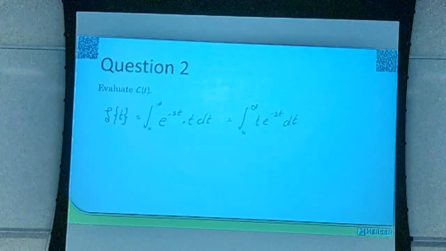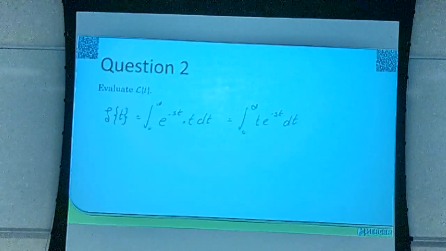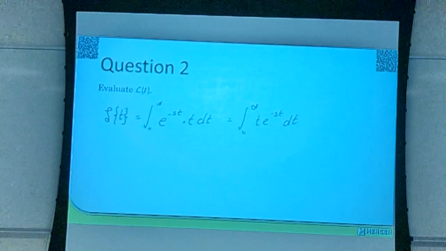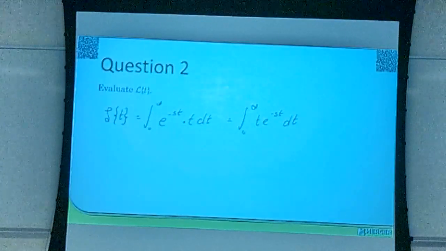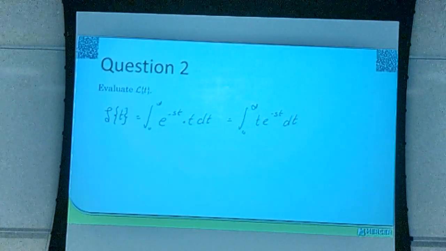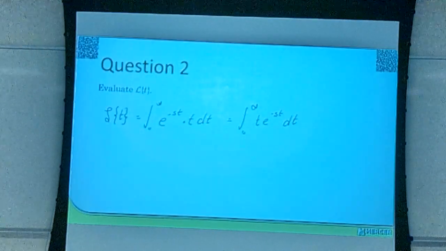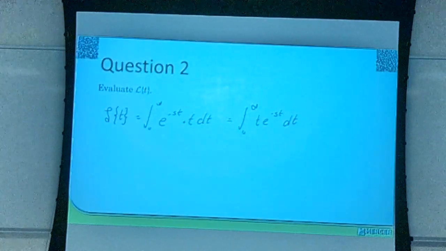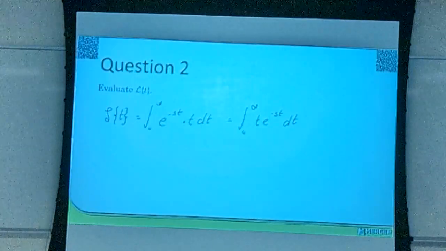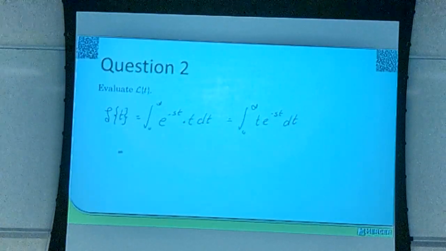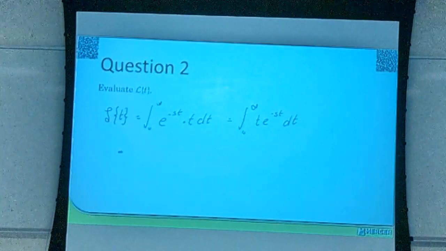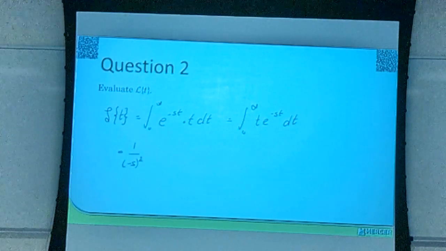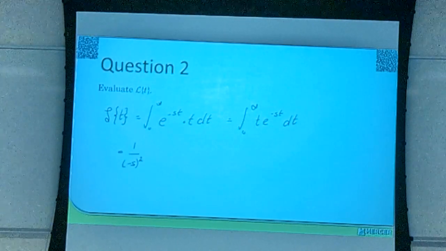Well, I'm not going to use integration by parts because I gave you an integration table. And t e to the at is on that integration table. It's number 42. One over a squared, so I'll just write out what the formula is.